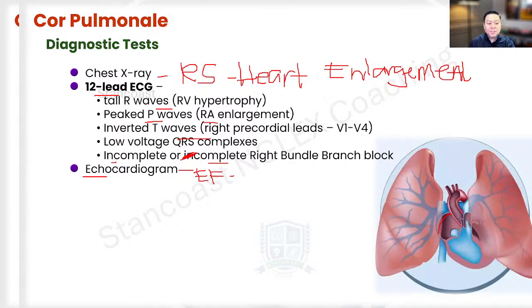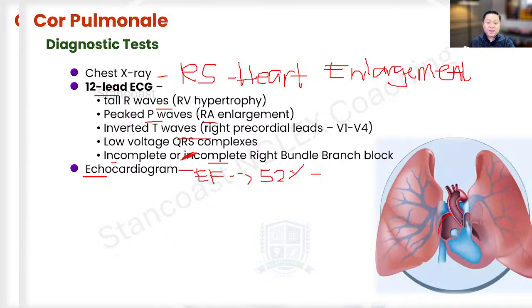And so normally, the acceptable ejection fraction is, in some books it says above 52%, or in some books it says 55% and above. Okay, so this is our expected ejection fraction.